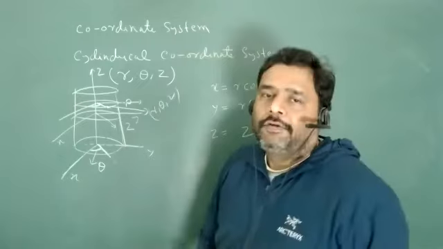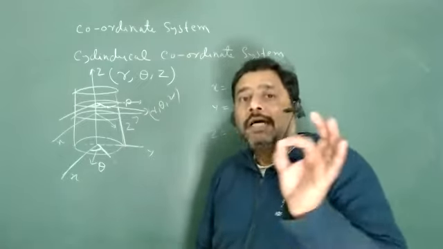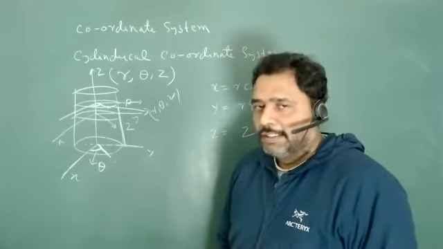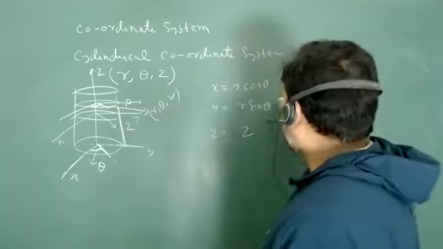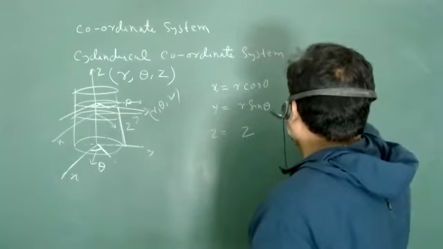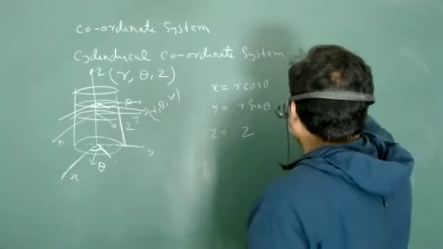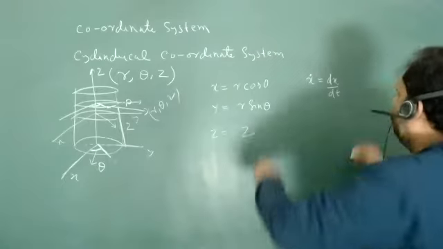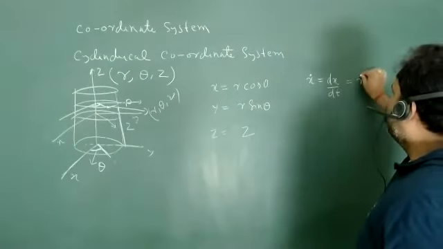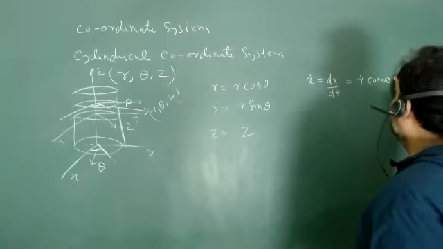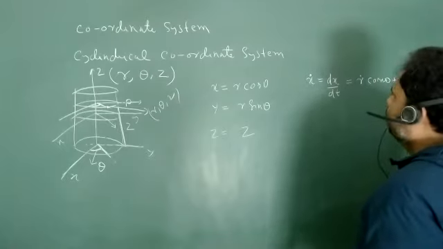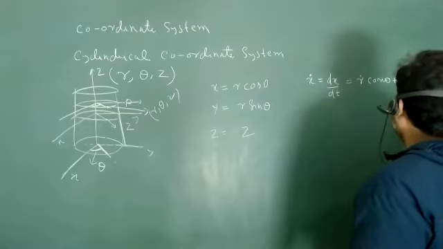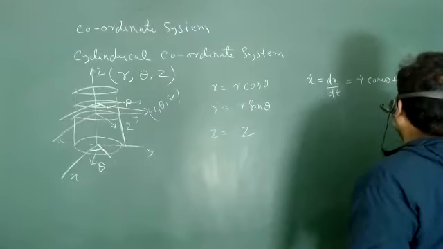So what will be my generalized velocity here? The generalized velocity is r dot, theta dot, z dot. And now I can easily calculate x dot, which is the total derivative with respect to time. This is r dot cos theta plus r times minus sine theta, theta dot.